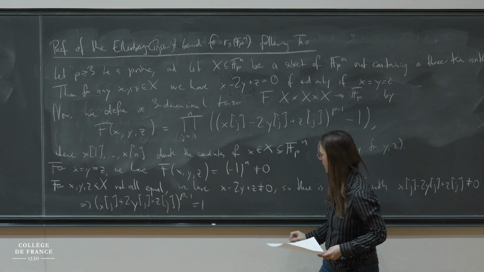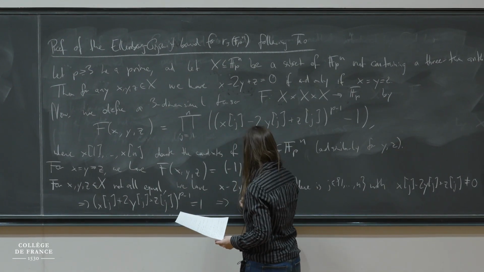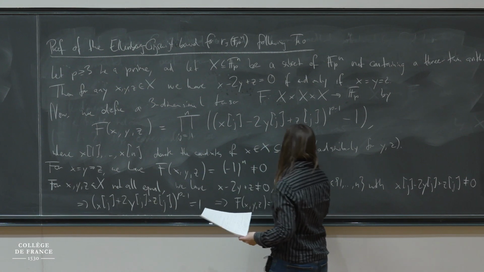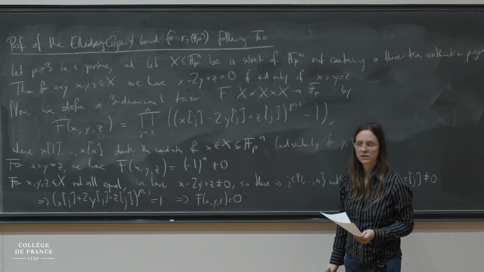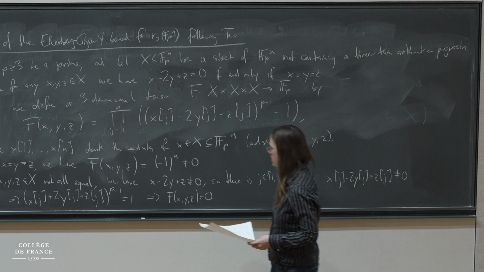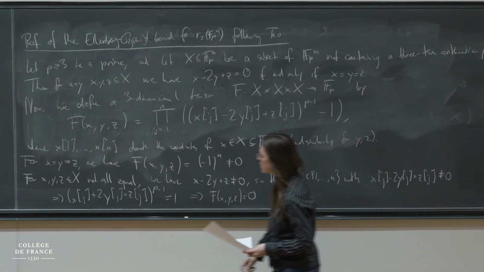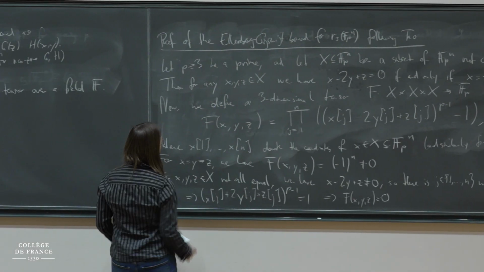So we get a 0 factor in this product, and so f of x, y, z is 0, because the jth factor of this product makes it 0. So if x, y, z are not all equal, we indeed have value 0. So indeed, outside the main diagonal, the tensor is 0.